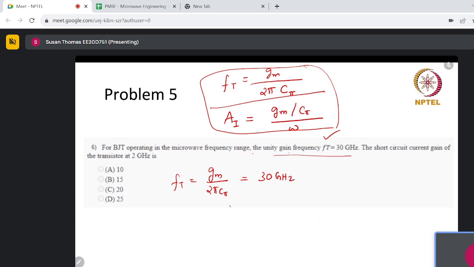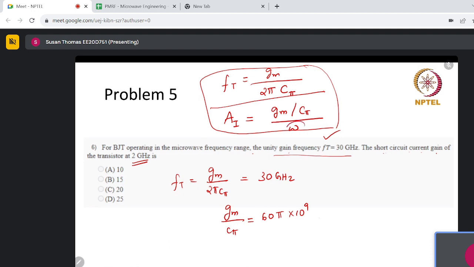Now, what is gm by C pi? From here, I can write 30 into 2 pi, so 60 pi into 10 power 9. Now, coming back to the expression for short circuit current gain, you need to calculate it at a frequency of 2 gigahertz.